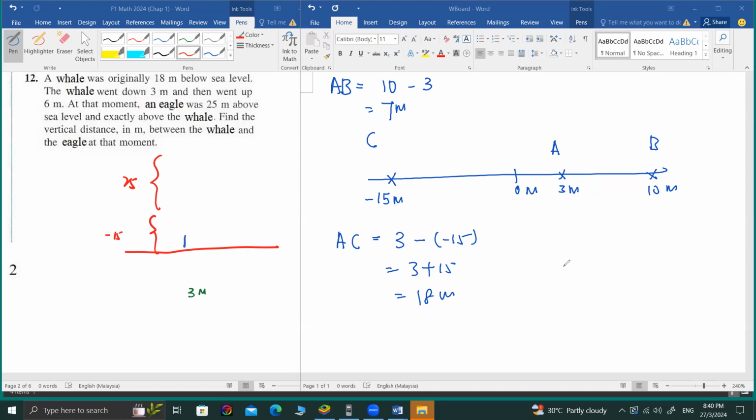Got it. What about BC? What is the distance B and C? 25, yes. Here 10, here 15, is it 25? So big minus small. 10 plus 15, the distance is 25 meter.